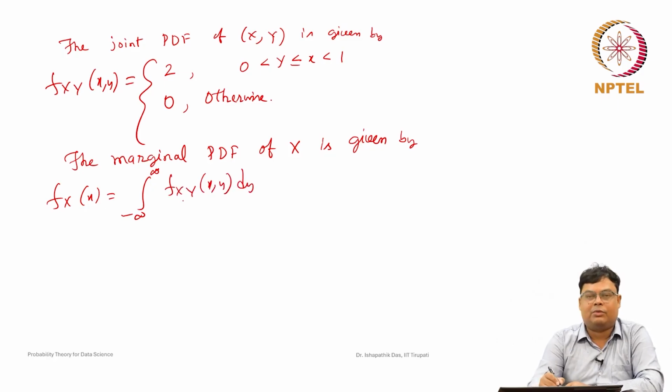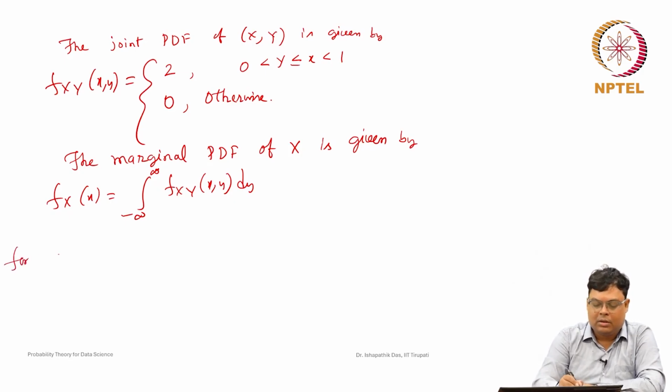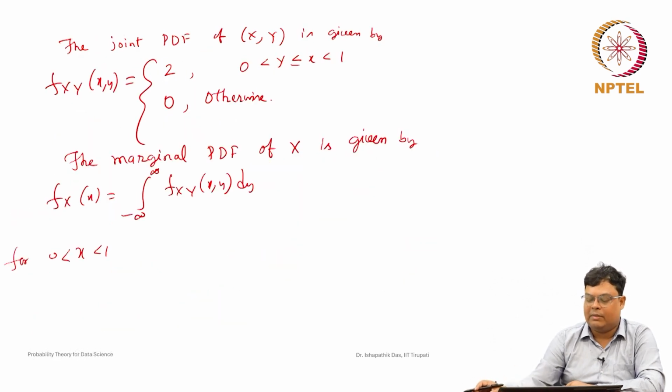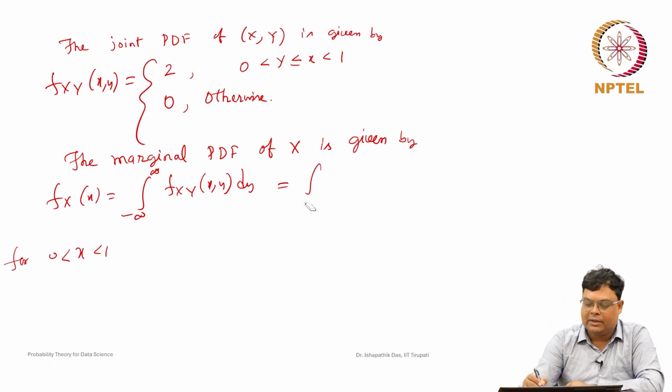We have to integrate the joint density function with respect to the other variable to find the marginal density of x. Now this joint density function is non-zero in this region. For x between 0 and 1, y can go from 0 to x. This limit is given, so it is straightforward.